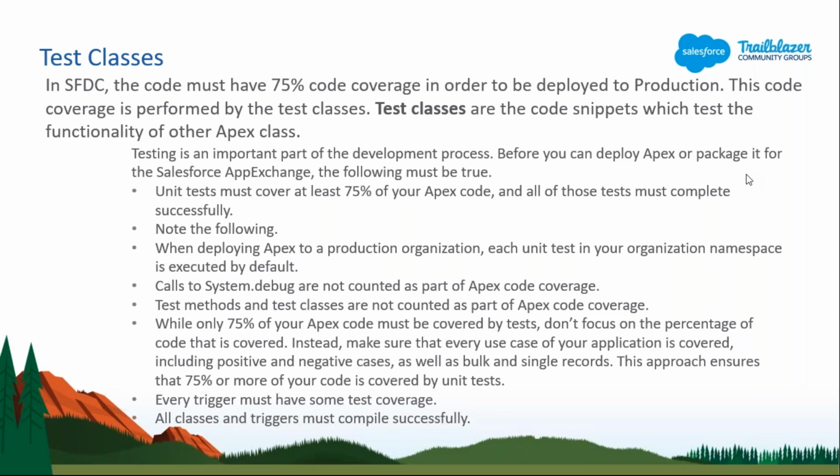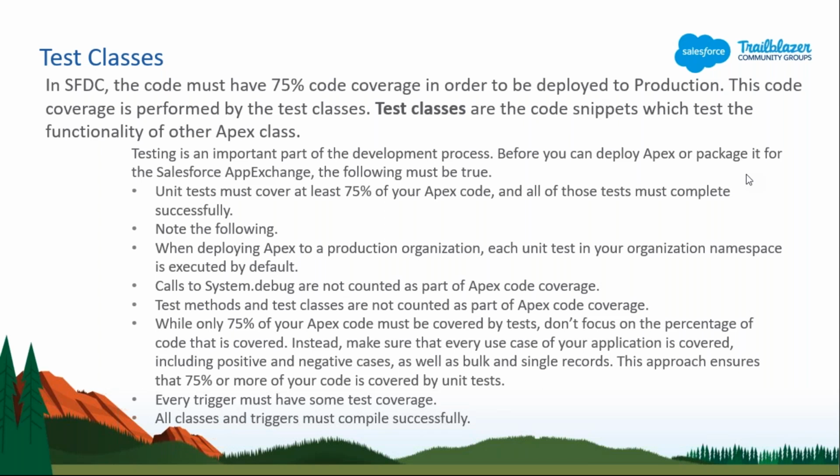Okay, so that is the test class, and we can write it. A test class is like a code snippet that tests your actual class or trigger. Let's say I'm creating a contact from an account trigger.